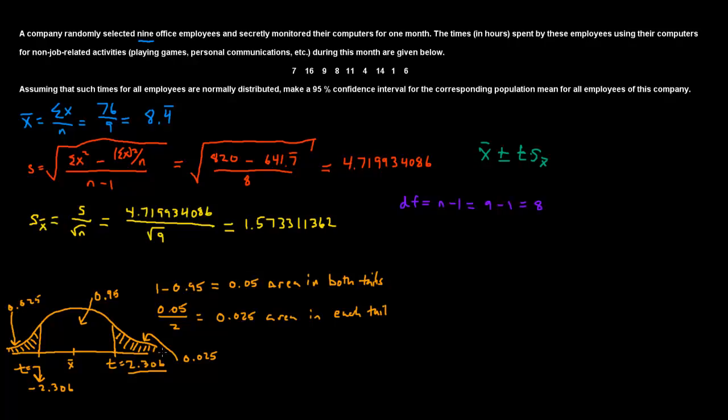So now, if I go back over here, we can find our final solution, the endpoints of our confidence interval. So what's x bar? X bar we found was 8.4 repeating. Let's round that to 3 decimal places for the time being, so 8.444. Then we have plus or minus. The next part of our expression is t, which we found was 2.306.